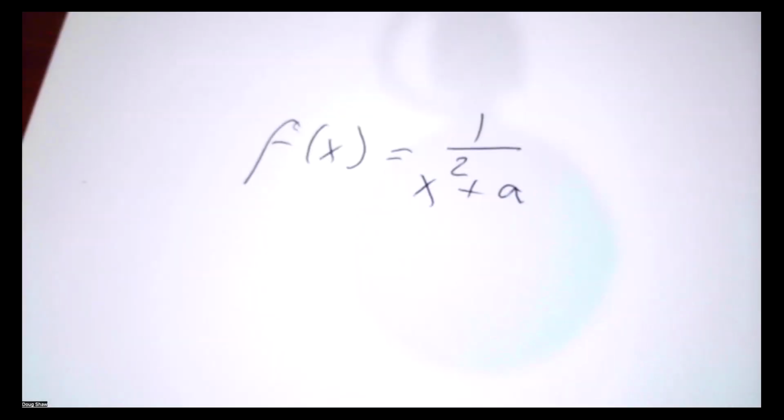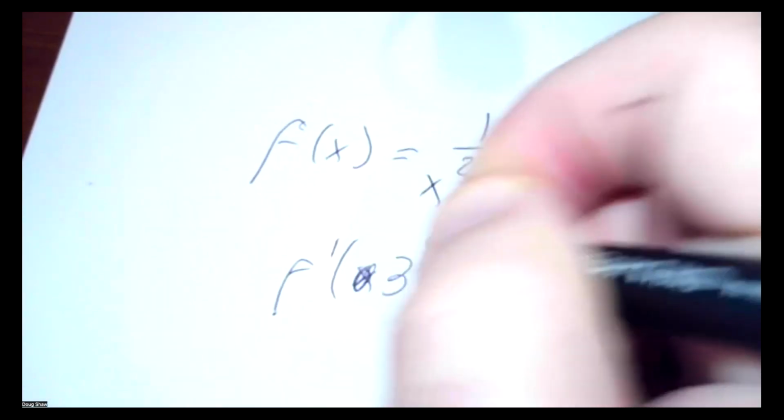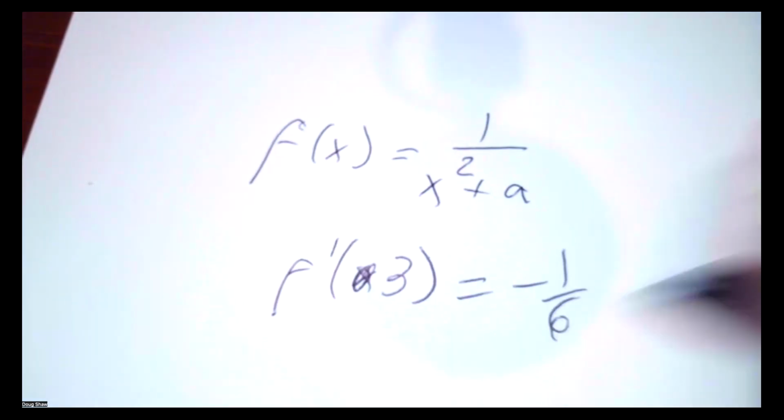But now let's say I want to find the value of a such that f prime of 3 is negative 1/6. So I have this family of functions. I know that f prime of 3 is negative 1/6, and I want to find a. So I'm going to write that here. F prime of 3 equals negative 1/6.